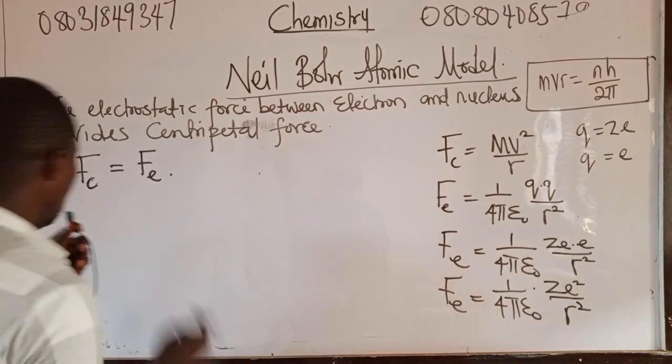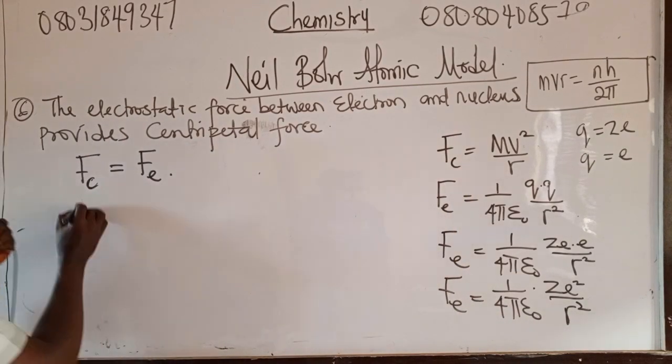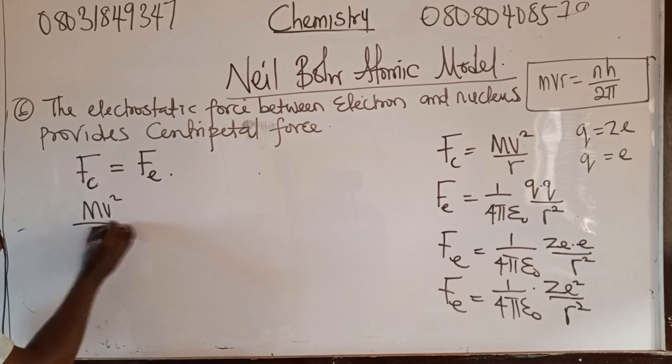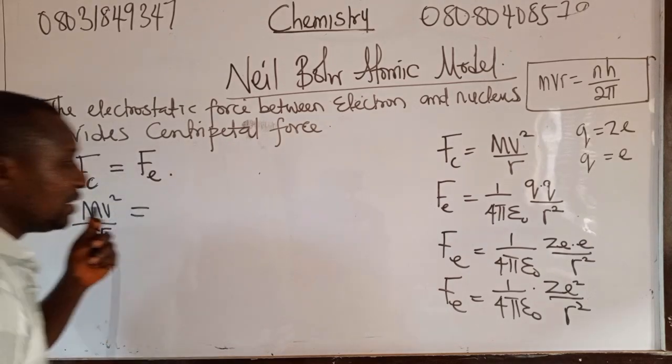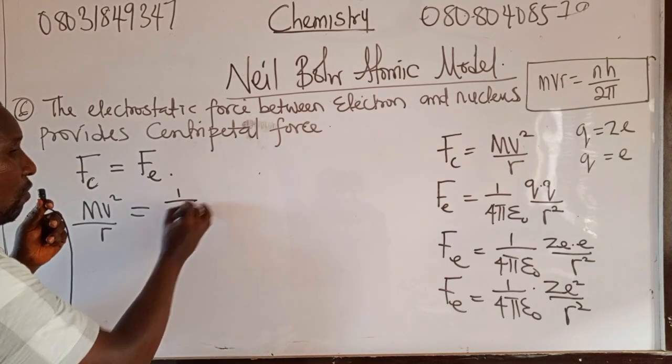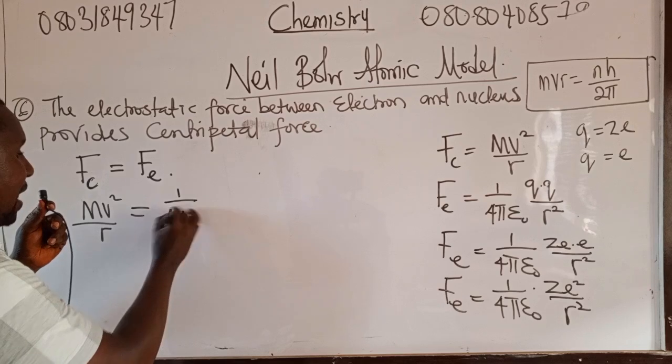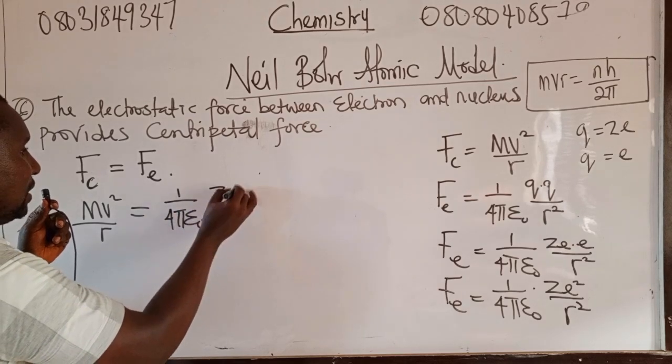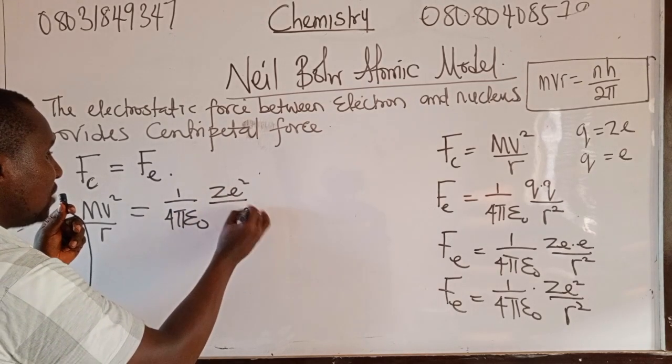Then let's come back to this. Centripetal force, mv squared over r, equals electrostatic force, which is 1 over 4 pi epsilon naught Ze squared over r squared.